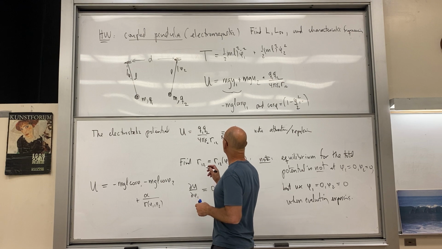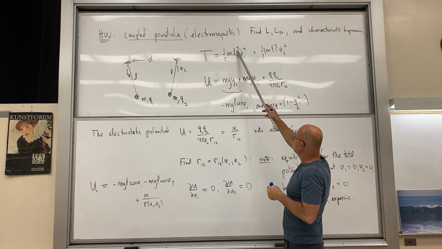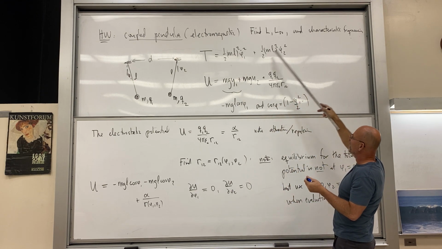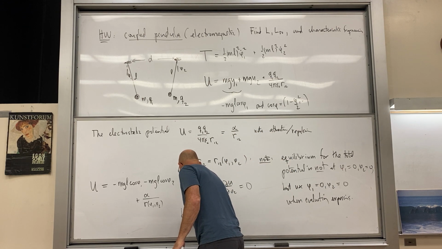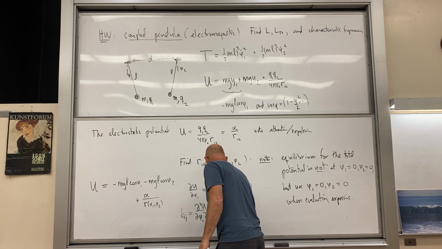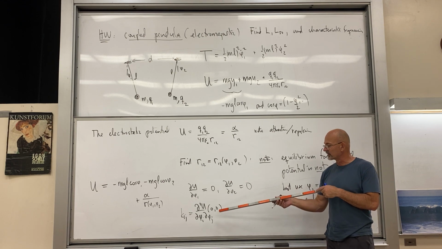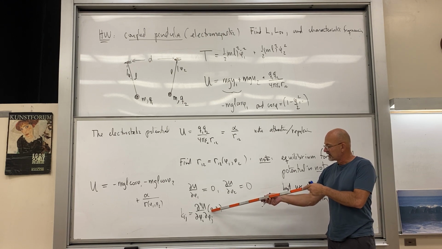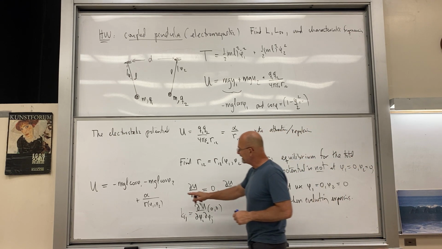What we need for our problem, remember, we essentially already have the M matrix, right? The M matrix is just a diagonal matrix, no problem there. For these Kij's though, we need d squared u d phi i d phi j evaluated at equilibrium, even though it's not the true equilibrium, we'd still find a criterion for when we can do this. So we definitely need the expression for this.